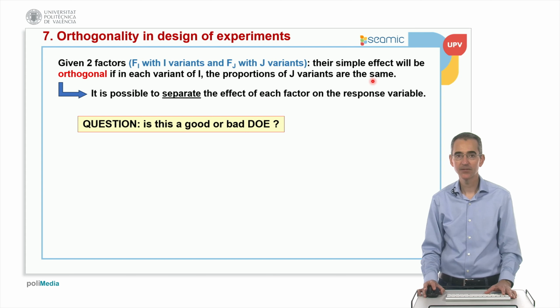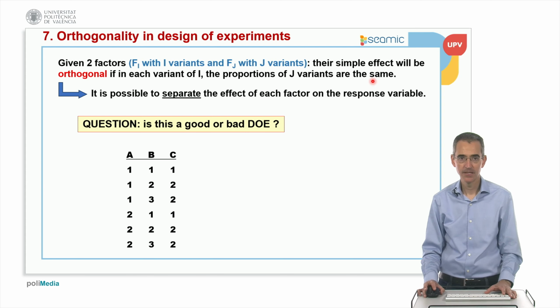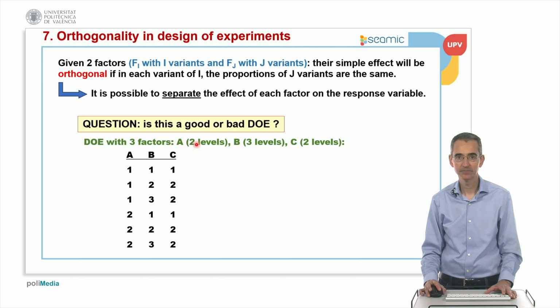Okay, so now let's think about this example. Imagine that we have 3 factors at 2 levels, and we want to check if factor A is orthogonal to factor B. So this is not a complete design, because here we have 2 levels multiplied by 3 levels is 6. 6 multiplied by 2 is 12.